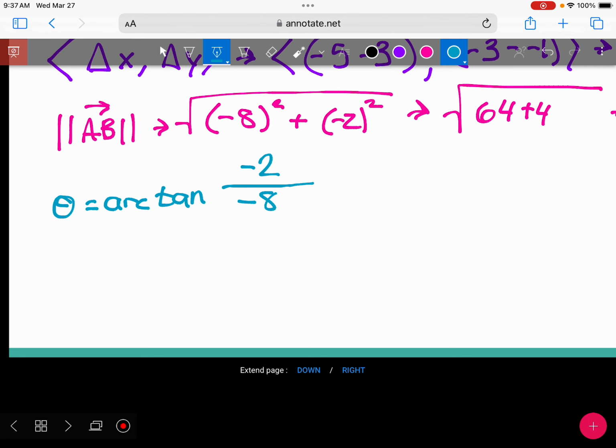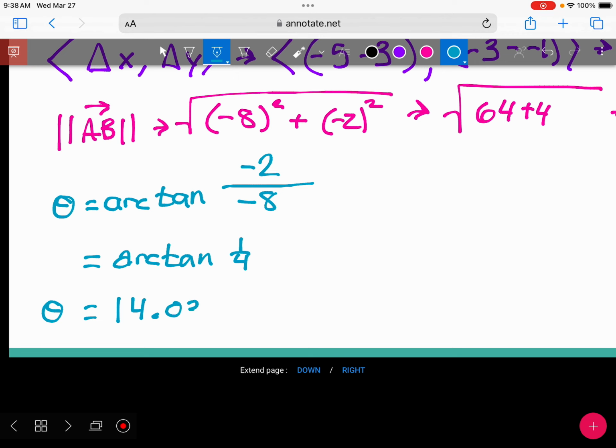So we're going to do arctangent or inverse tangent of 1/4. What do we get when we have inverse tangent of 1/4? Yeah, 14.036, and so on.